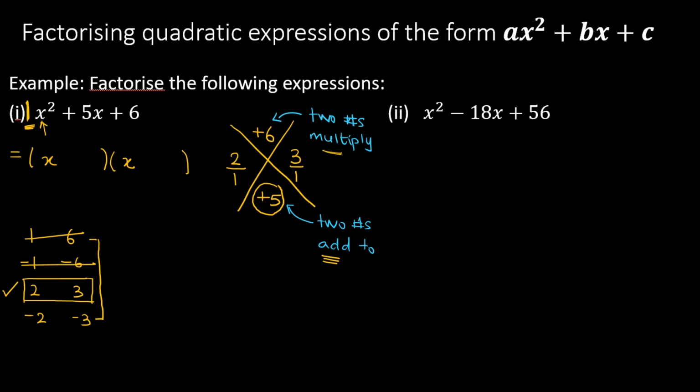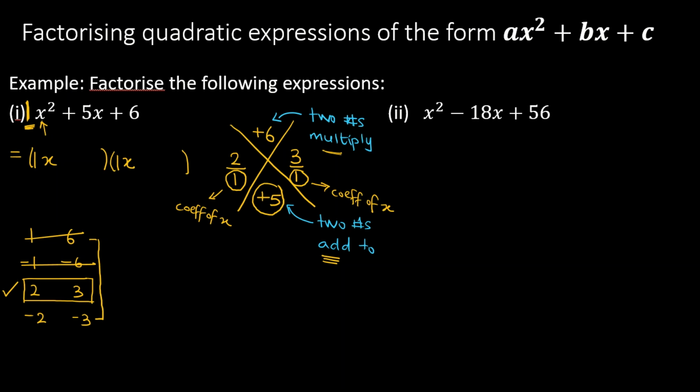Now what about this one here in the denominator? Where are we going to insert this one? The 1 simply becomes the coefficient of x in the first bracket, and the second one here again the coefficient of x in the second bracket.